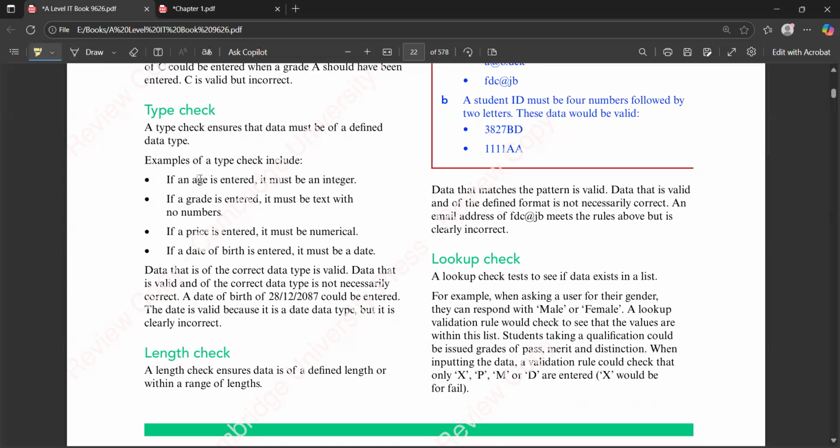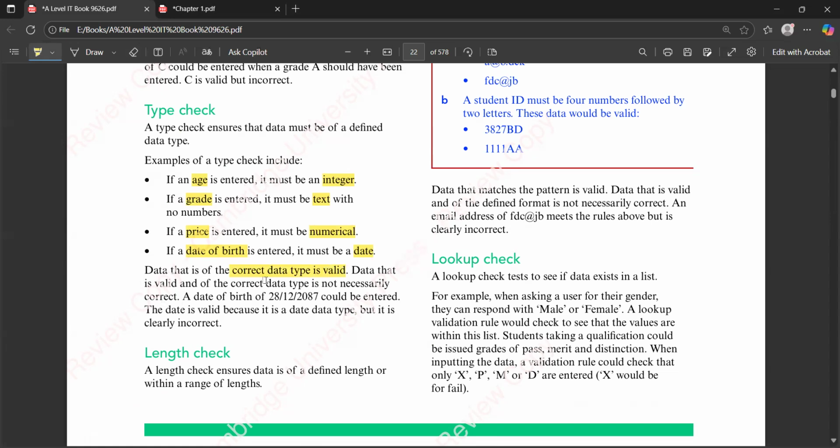So if an age is entered, it must be an integer. If a grade is entered, it must be text. If a price is entered, it must be numerical. And if a date of birth is entered, it must be a date. So data of the correct data type is valid.